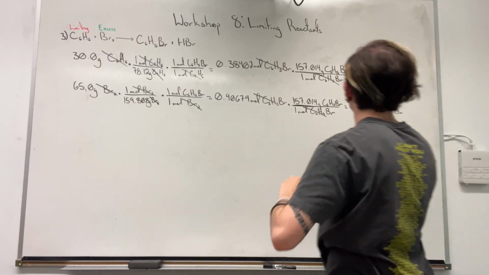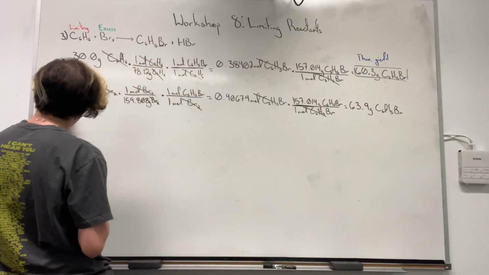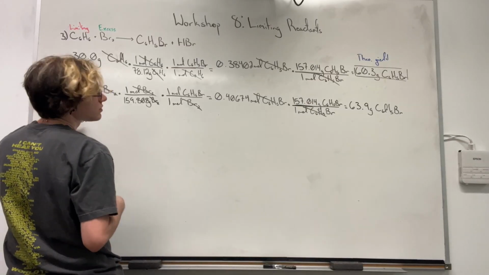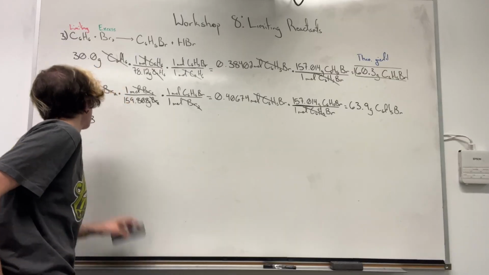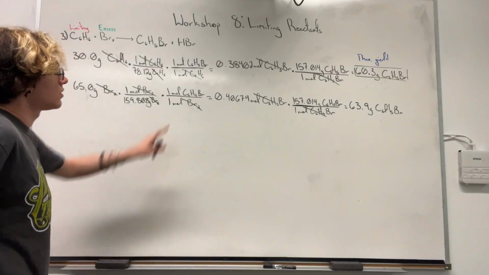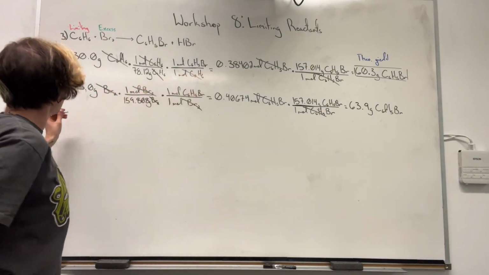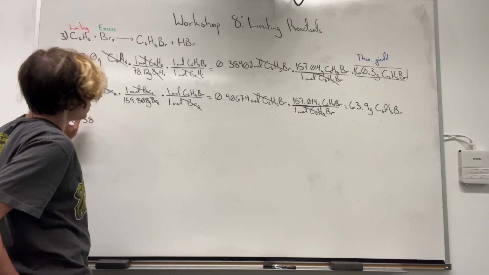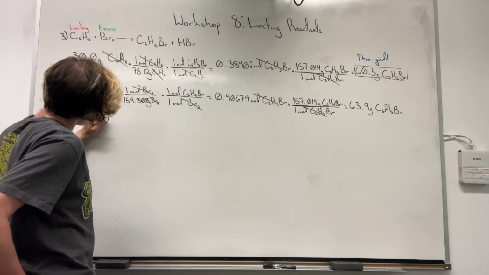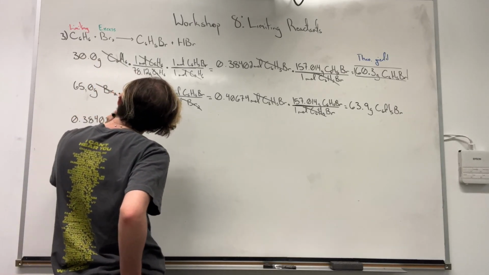Working with our 60.3 grams, we can now find how much excess is left. We know 60.3 grams is 0.38402 moles of bromobenzene.